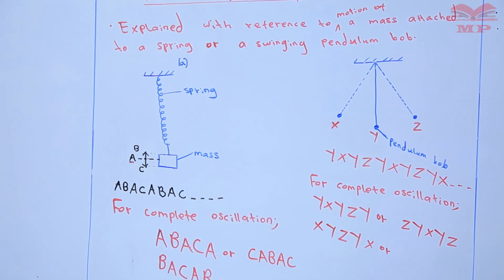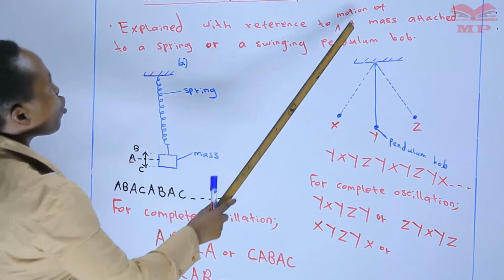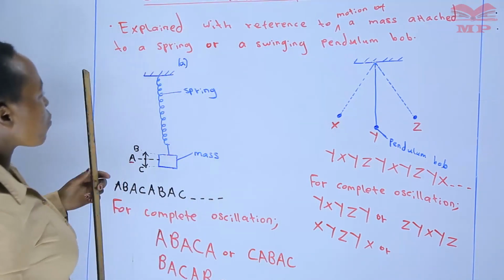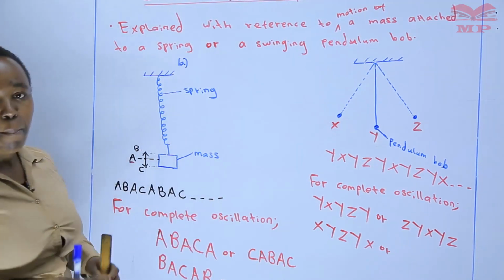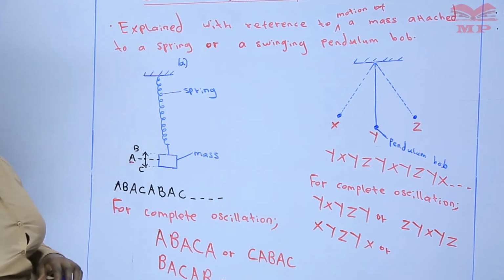So that is one complete oscillation with reference to the motion of a mass attached to a spring or a swinging pendulum bob. So that's what we have.